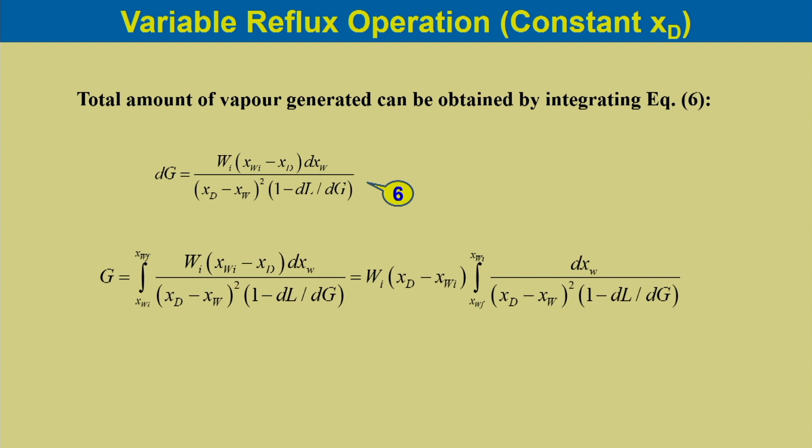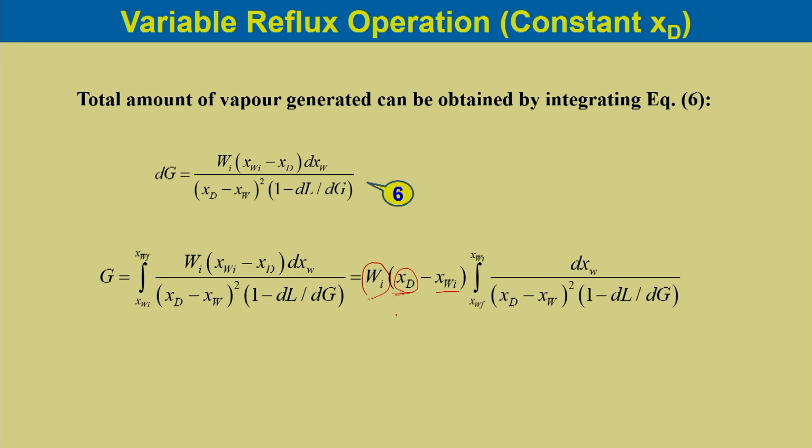So, if we integrate, G would be equal to the integral from xWi to xWf of Wi (xWi minus xD) divided by (xD minus xW) square into (1 minus dL by dG) dxW, which would be equal to Wi (xD minus xWi) times the integral, because these are constant values, the initial and the distillate composition do not change.